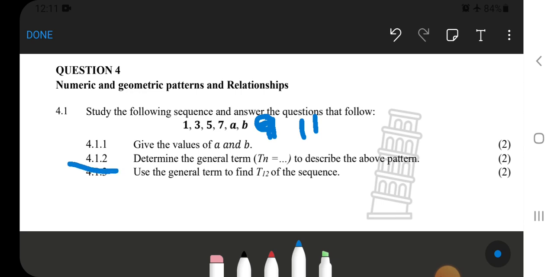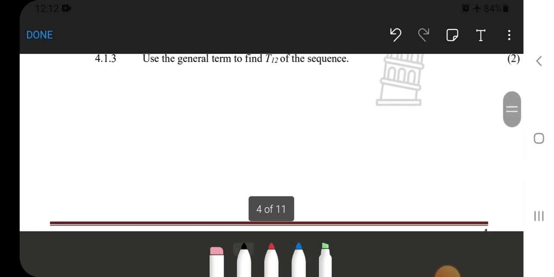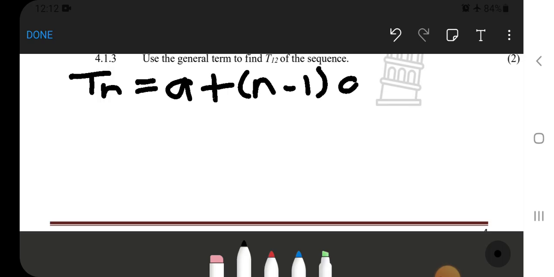4.1.2 says, determine the general term Tn to describe the above pattern. Okay, so to describe Tn, you must know that this type of pattern, where we have the same answer, we're going to say Tn, always do this, equals A plus n minus 1 into D. Write this formula, okay?